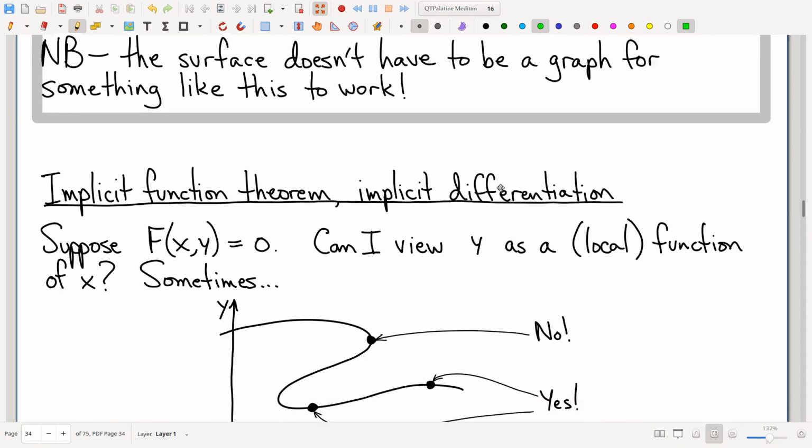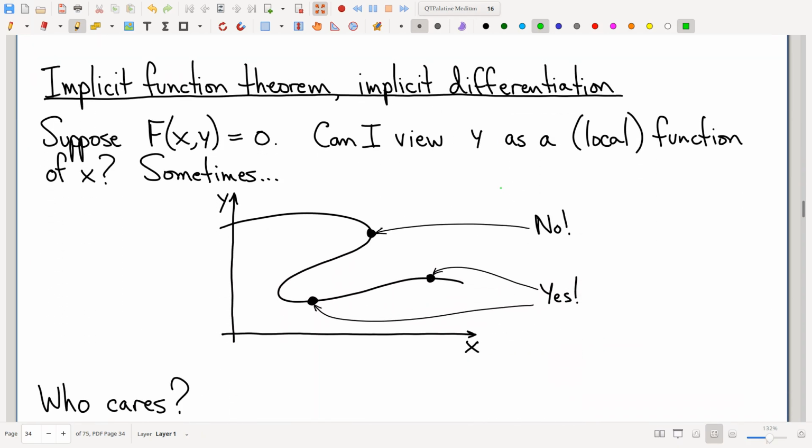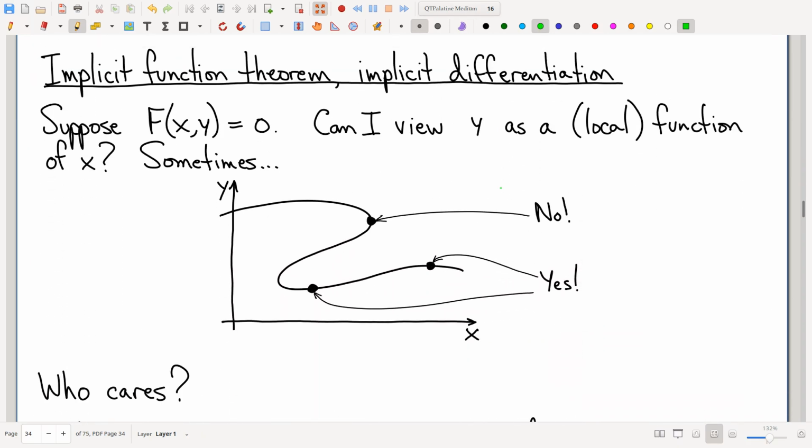Alrighty. Okay, new topic. The implicit function theorem and implicit differentiation. Now, this is the topic that I find I have the most difficulty with clock control. If I were to talk about this topic the way I'd really like to, I would spend probably at least a full class on it, maybe a class and a half.